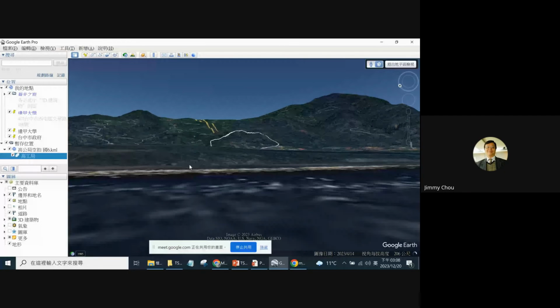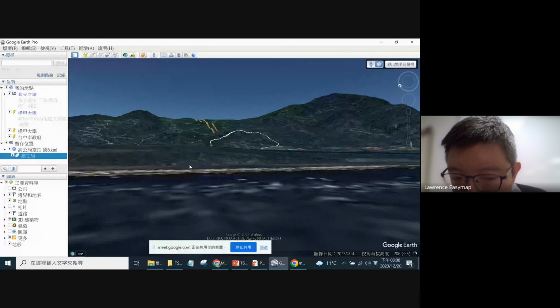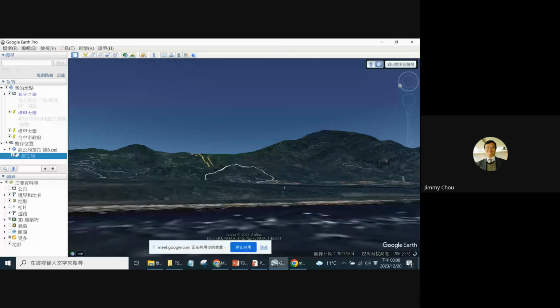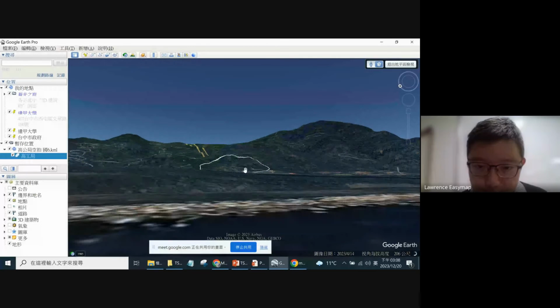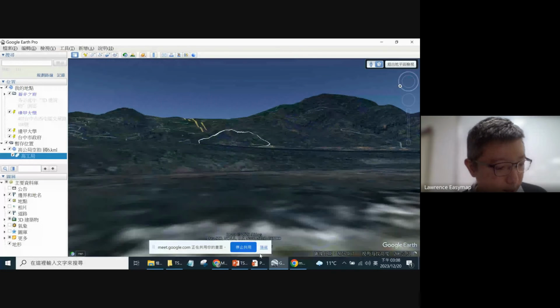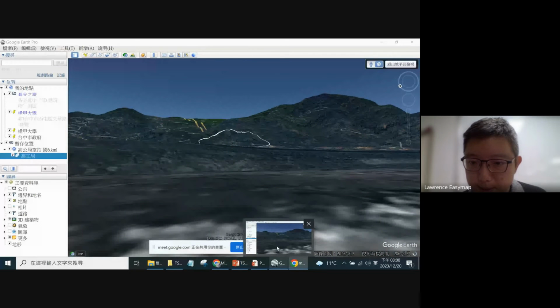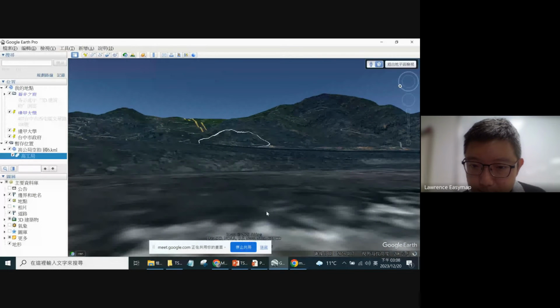And this is our boundary. The terrain difference of our area is huge. It runs from the ground level all the way up to the mountain.